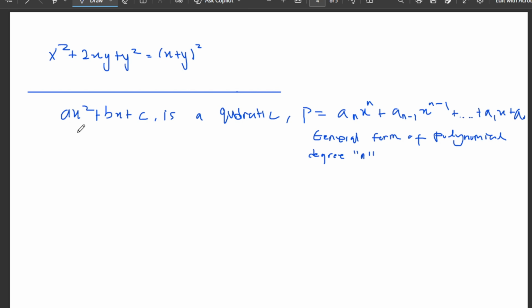To factor out a quadratic, we need some numbers. Let's remove the a first, so the coefficient of x squared will be 1. We must find numbers such that p plus q must be b, and p times q must be c.